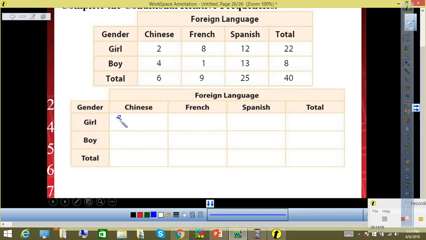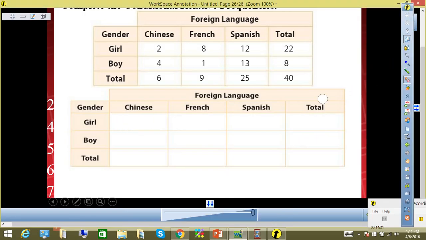Okay. Hold on. Stop putting stuff away. Look up, please. They're saying 2 over 22. Is that correct? No. That's the, which one? Conditional. I'm not talking about conditional. Which is the joint? I'm looking for joint relative.